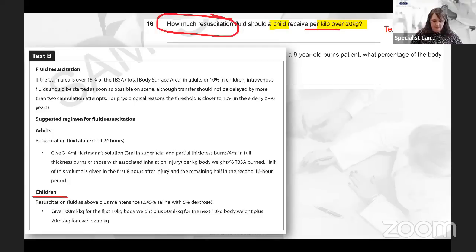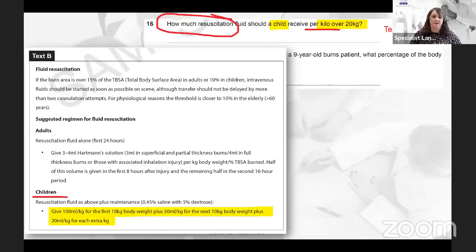So take a look at that section of the text and see what you can find. Okay, great. So good to see we've got some answers here.